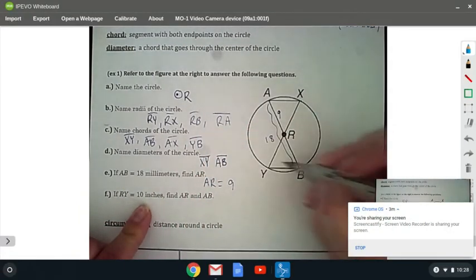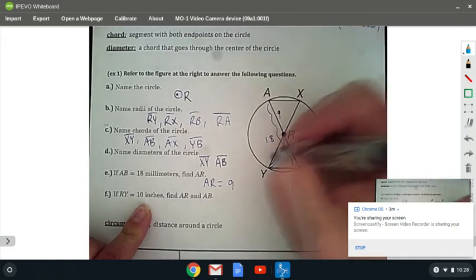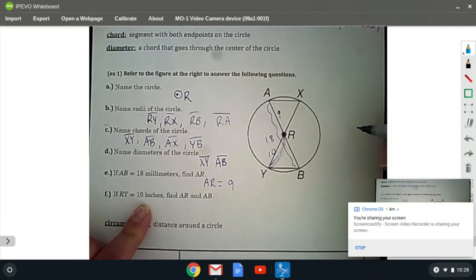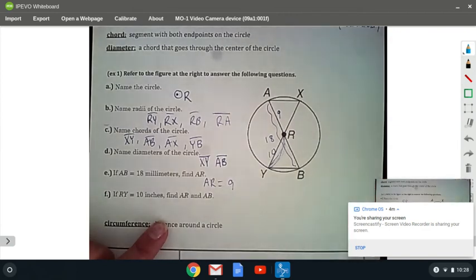If RY, this piece of a diameter, which is a radius, is 10, find AR and AB. So both diameters should be the same, whether I'm talking about XY or AB. They should be the same. So these don't coincide, they're two different questions.